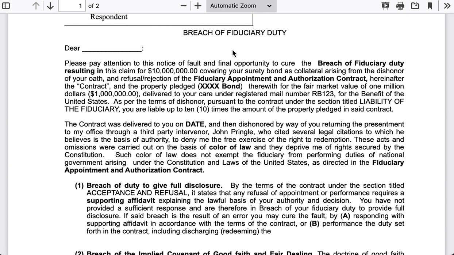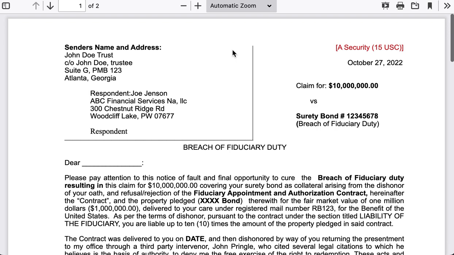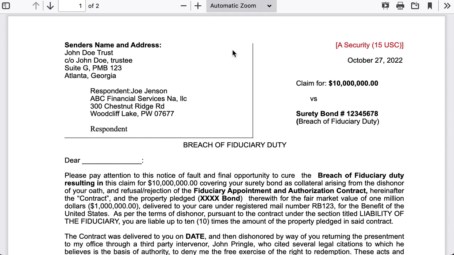But at the same time, this is also going to be behind the contract. This is going to be one of the parts of what's recorded behind the UCC, right? So you're also showing them that. We got to go look further into this 15 USC, because I haven't researched it enough, not recently, to tell you the fullness of why it's there, but I'm almost positive, because we're dealing with the UCC and we're creating this lien.